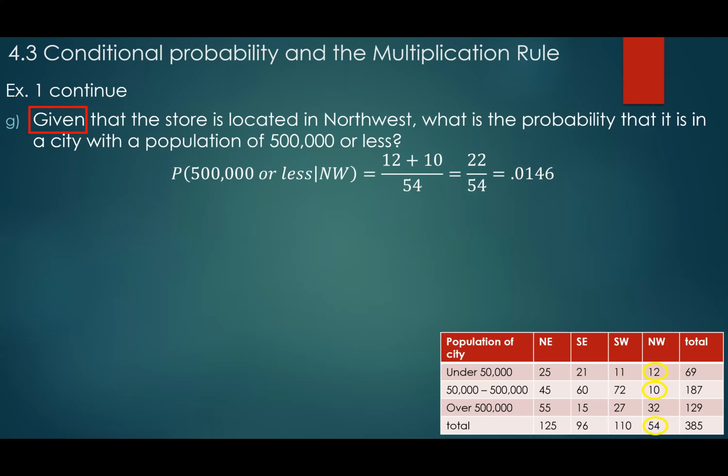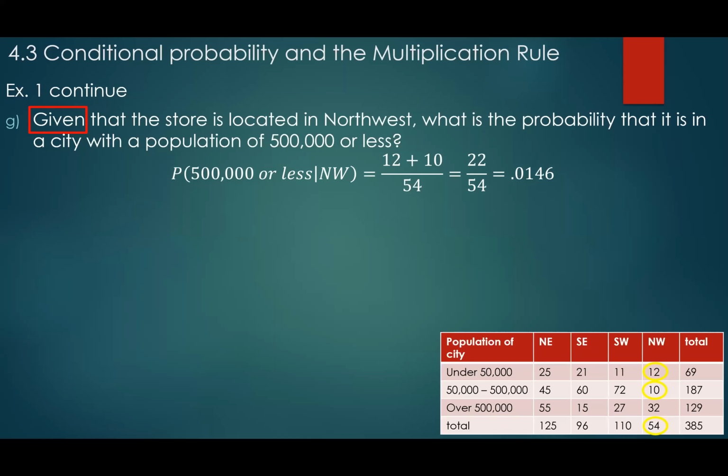Instead of doing all of that, the formula that I gave you earlier is more complicated to use for this type of problem than to just ask yourself, what is my new denominator and what is my new numerator?